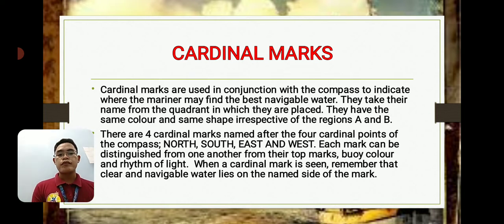So we can easily distinguish the cardinal marks, especially by the top mark, because there are different types of top marks in the cardinal marks. I'll explain to you later on. Let's move on.